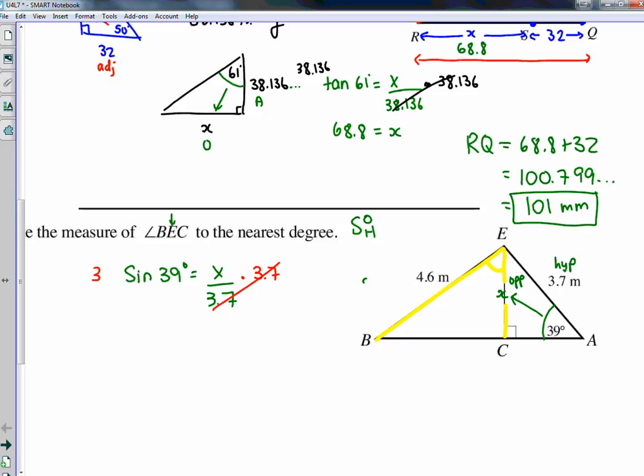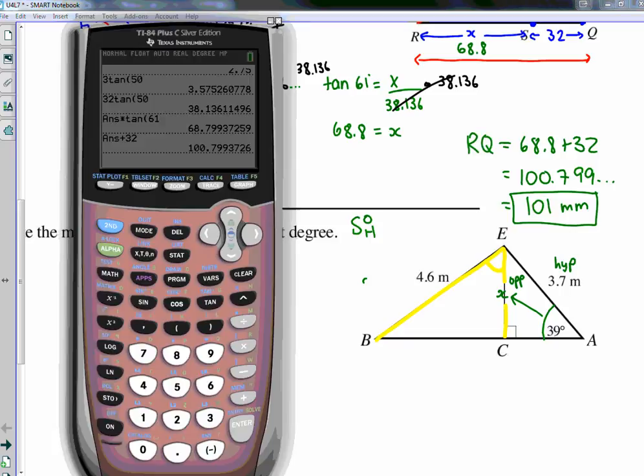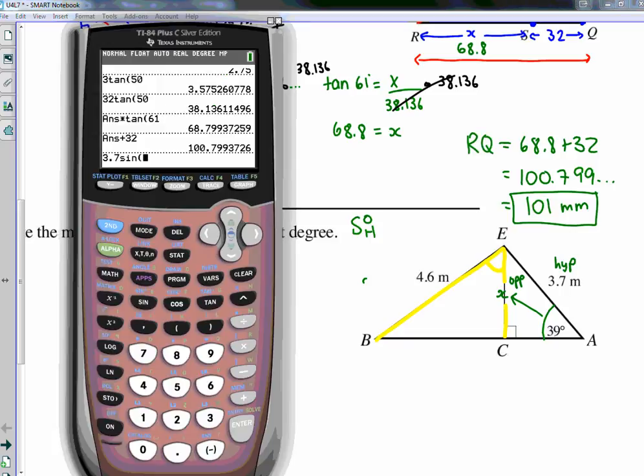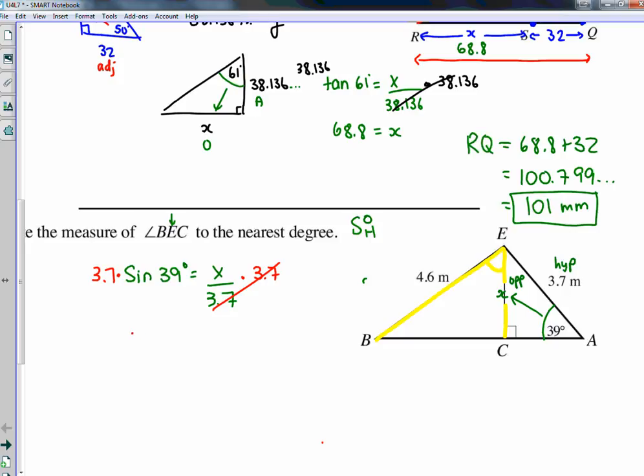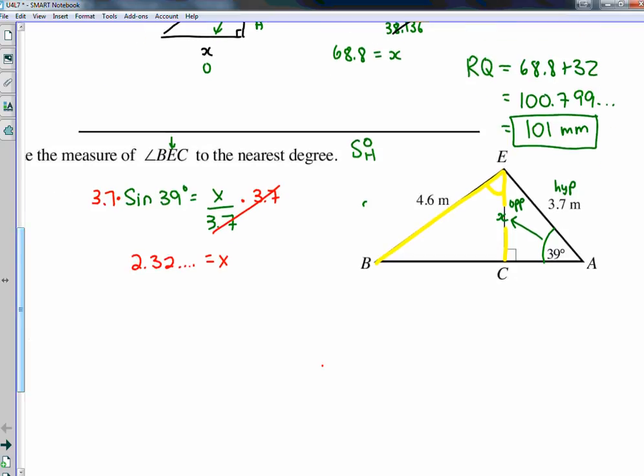Okay, which gives us 2.3. Yeah, I was like, those are pretty small numbers. Probably staying small. 2.32 dot dot dot.